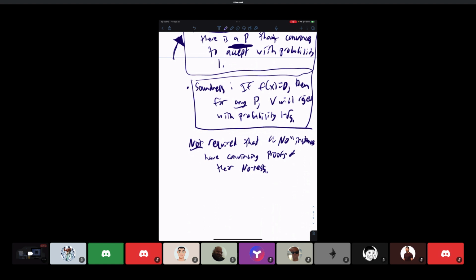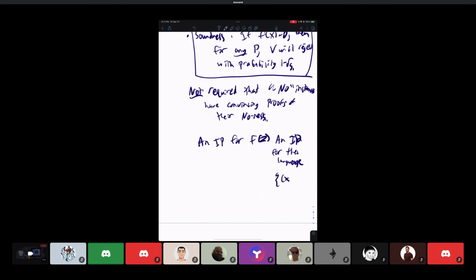In fact, an interactive proof for the function f is actually equivalent to an IP for the language of strings of the form x comma f of x. So this distinction is not really a meaningful one.